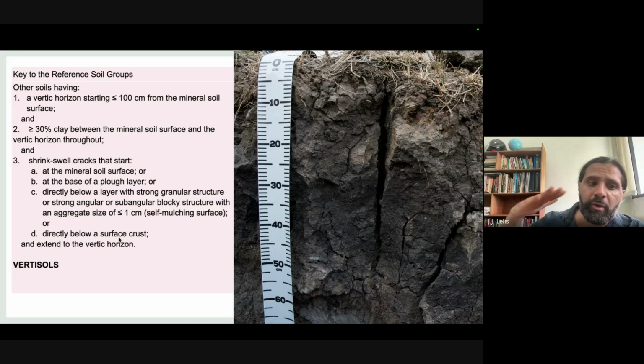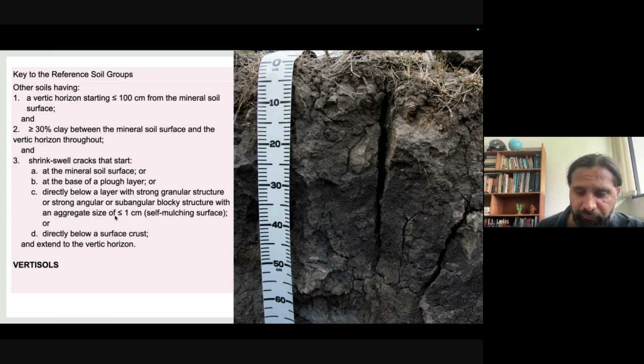So below this surface crust until the vertic horizon, you need to find these cracks. They are quite common starting at the surface. So any of these options to find these cracks will be enough to fulfill the third criterion for a vertisol.